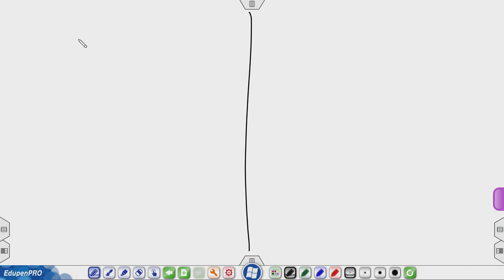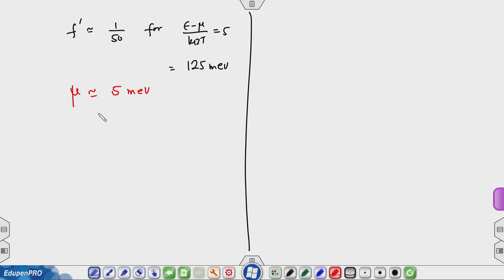So I had said that f prime is roughly 1 over 50 for epsilon minus mu over kBT equals 5, which is 125 meV, and mu is of the order of 5 eV, which is 5000 meV.